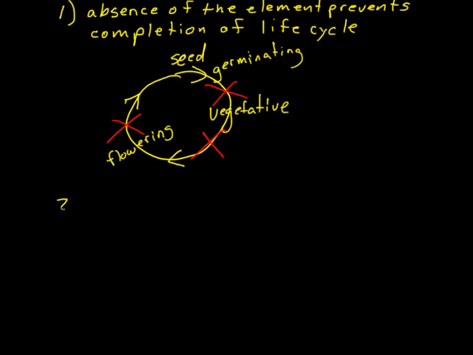The second way by which an element can be classified as being essential is if it has been proven or shown to be part of some essential molecule.